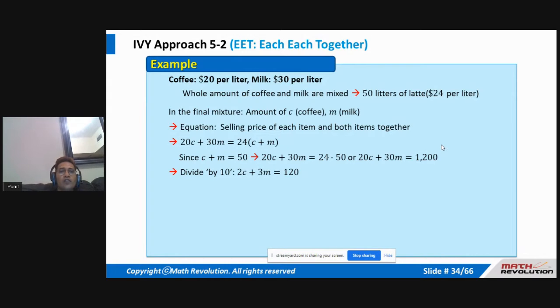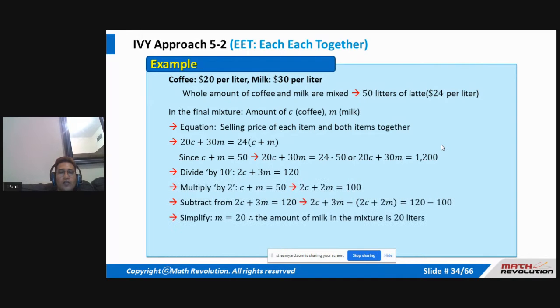So in the final mixture, we have a coffee C, we have a milk M. So $20 per liter, so 20C, that is one thing, and 30M is another thing. It becomes $24 of C plus M. And now we could definitely put the values in the equation to solve this particular question.